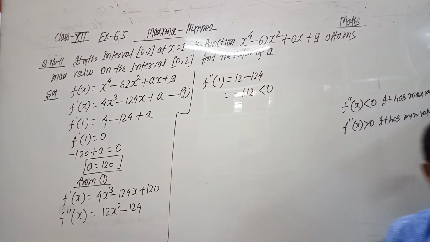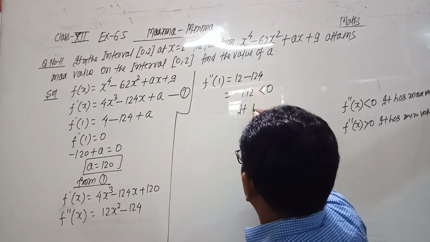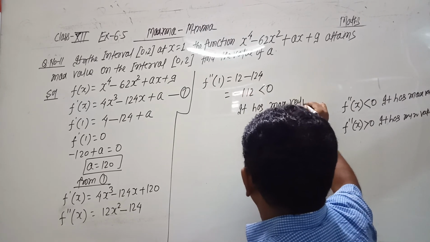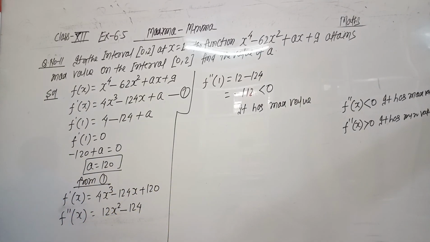So the double derivative at the given point is less than 0, meaning it has maximum value at x equals 1 when the value of a is 120.